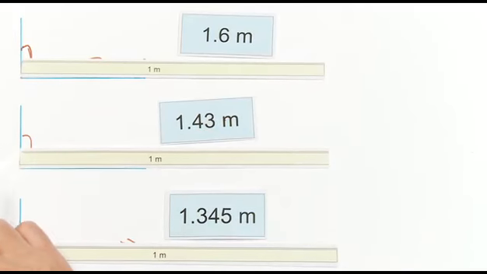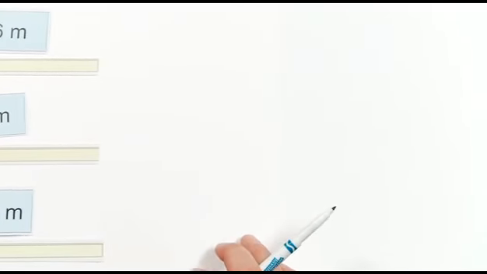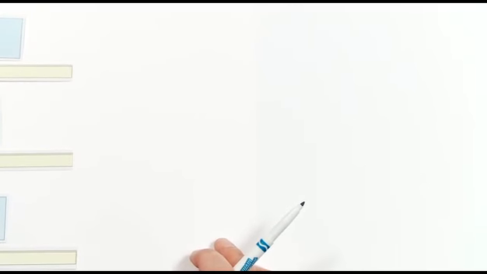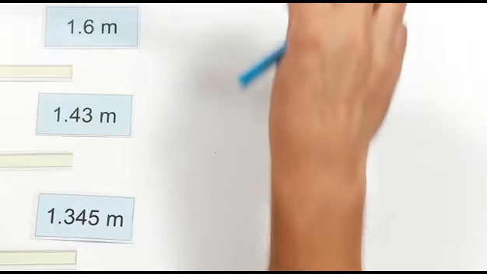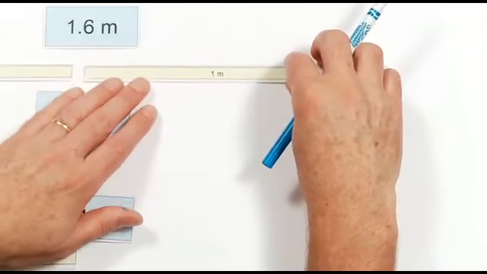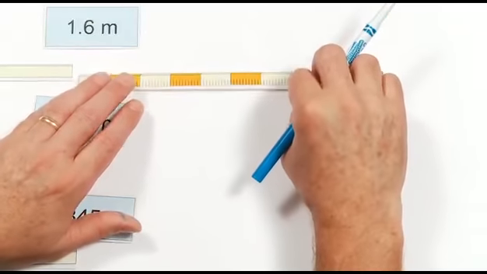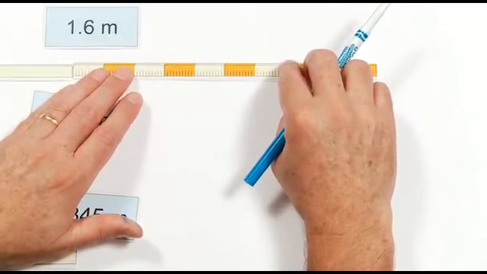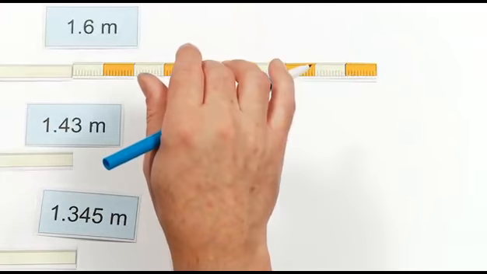Well, I'm going to have to slide my piece over a little bit because I run out of space. I have 1 meter here, and then I have my second meter, but I have to take that second meter and subdivide it, don't I? Because it's not a whole meter, it's 6/10.